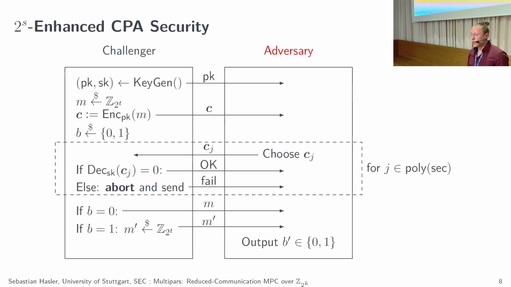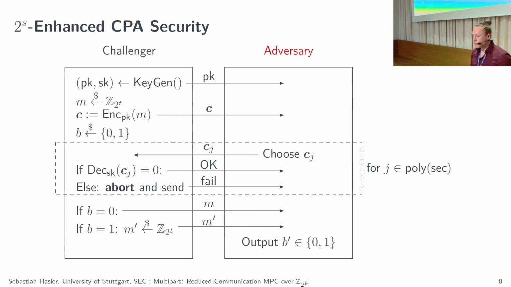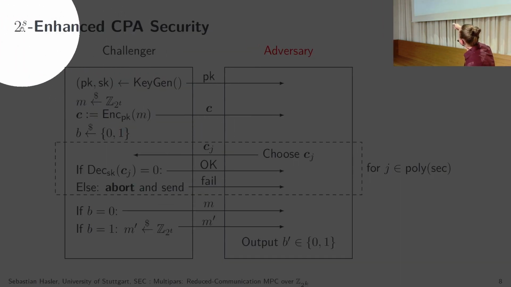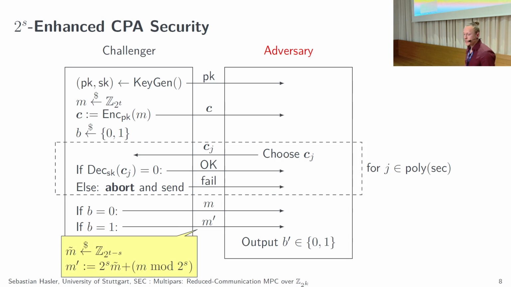I don't have time to go into details about this new truncation protocol, but we of course also proved that our adapted protocol is secure by introducing a new security notion called 2s-enhanced CPA security. So it's now 2s-enhanced, and this is the previous security game. But now what we changed is here in the bottom left.